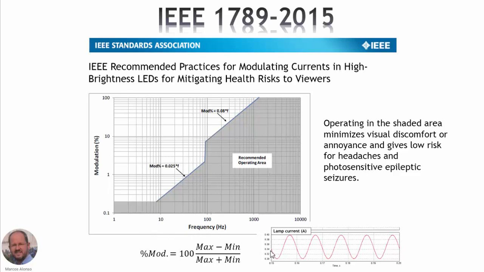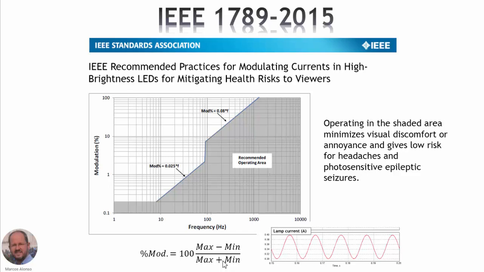If we have a current circulating through the LED like this one, we have an average value, and then we have a ripple, with a maximum value and a minimum value of the current. We are assuming that the current is proportional to the light intensity, and then we can calculate the percentage of the modulation using this expression here.